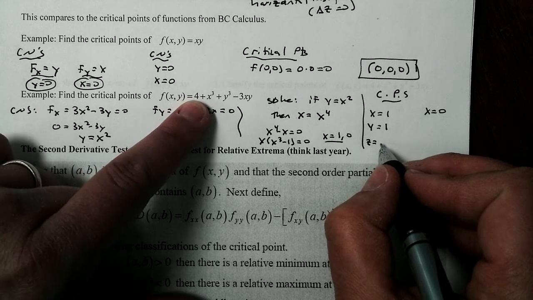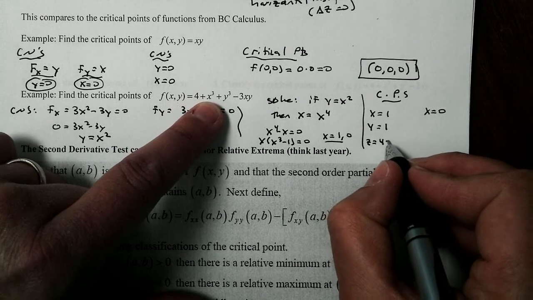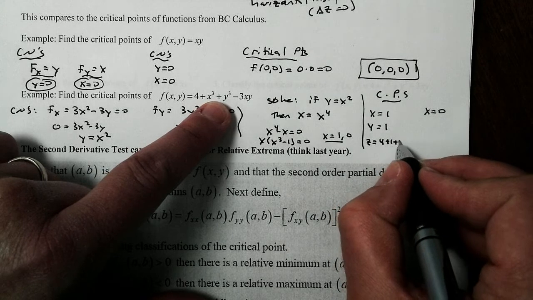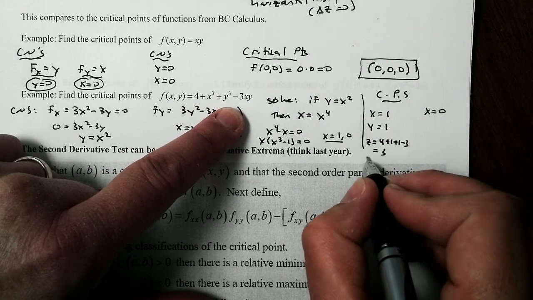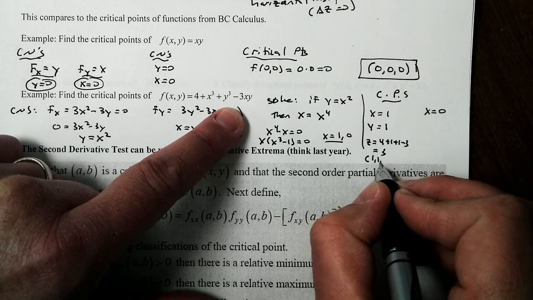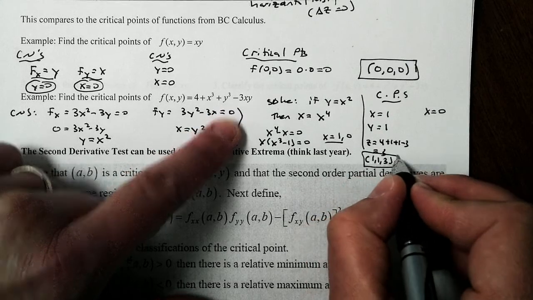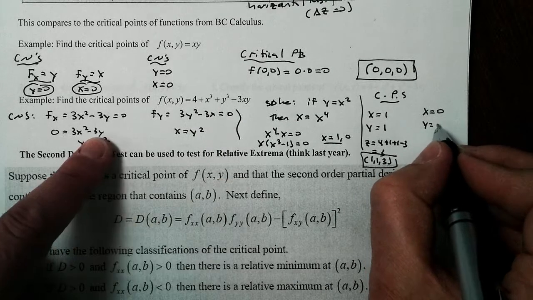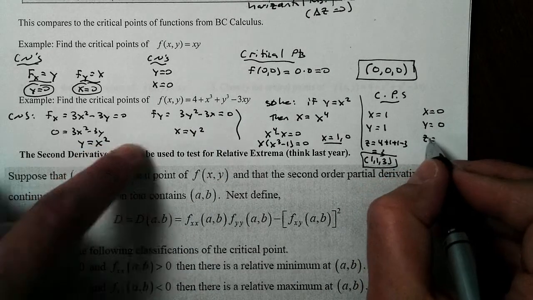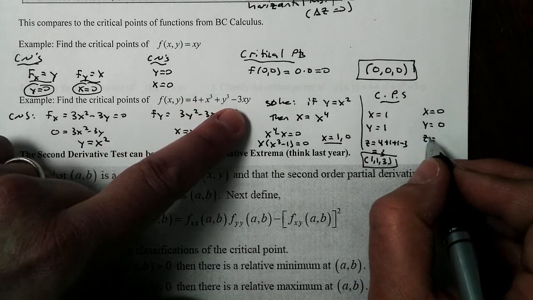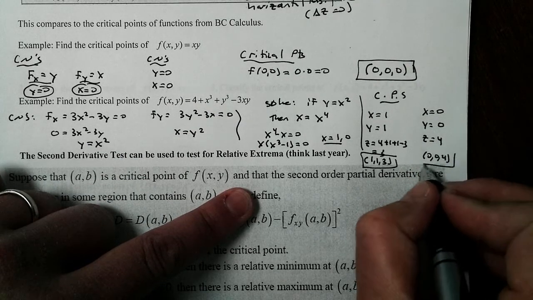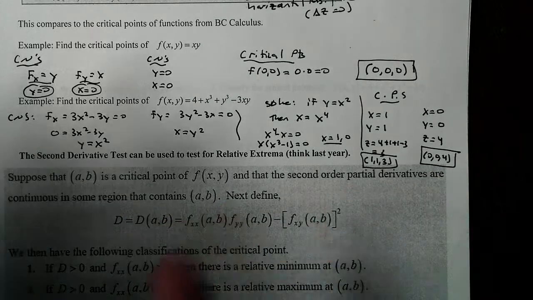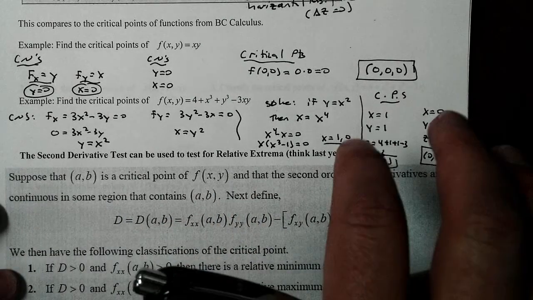This becomes 4 plus 1 minus 3, and we get 6 minus 3, which is 3. So we get the point 1, 1, 3. At 0, y would just be 0. Z would be 4 plus 0 minus 0, so z is just 4. So we get 0, 0, 4. And there's our answer. So these are our critical points.